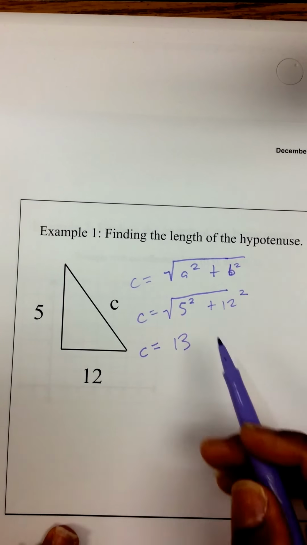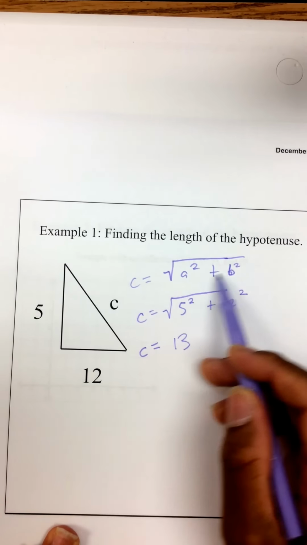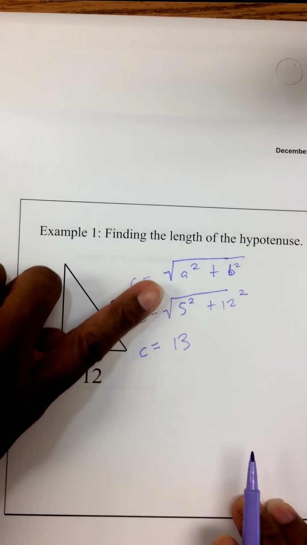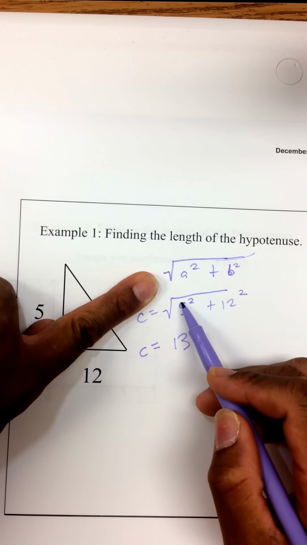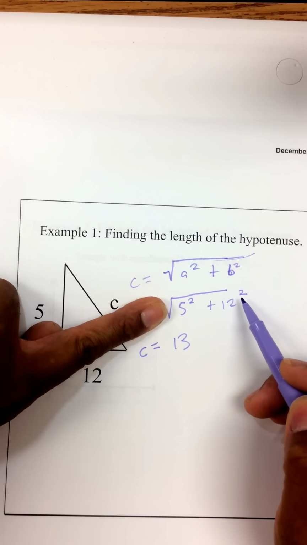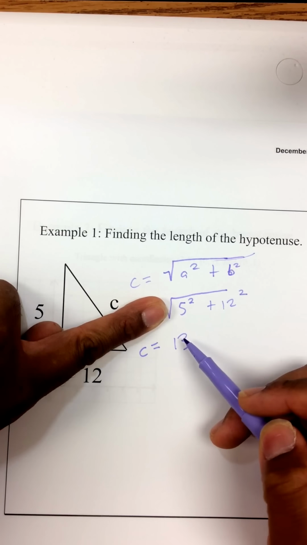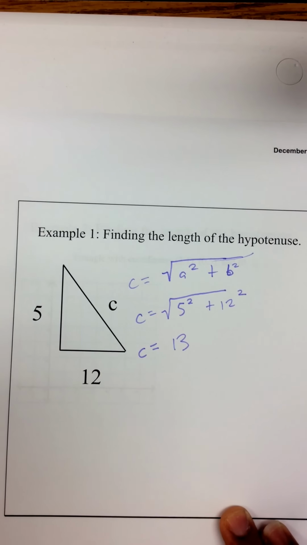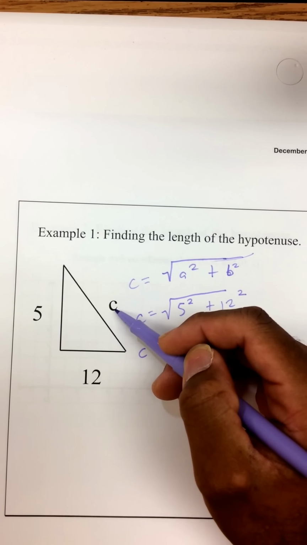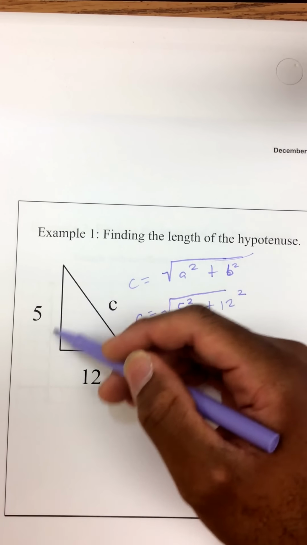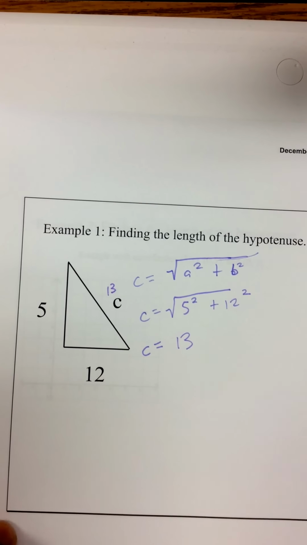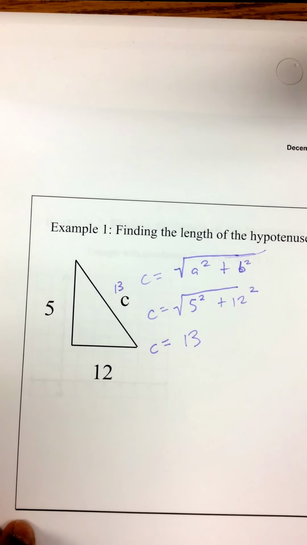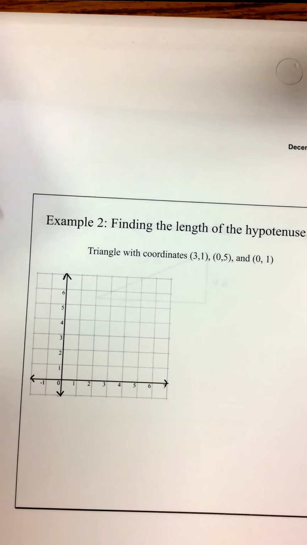So all you have to do is put this directly into the Inspire: you take the square root, and whatever your numbers are for the legs, 5 squared plus 12 squared, and it'll automatically solve it for you and give you an answer of 13. And we look at it and we think, does it make sense? Yes, it does, because 13 represents the longest, the biggest number. So I know that's going to work. And I can always go back and check it just to make sure it's correct.